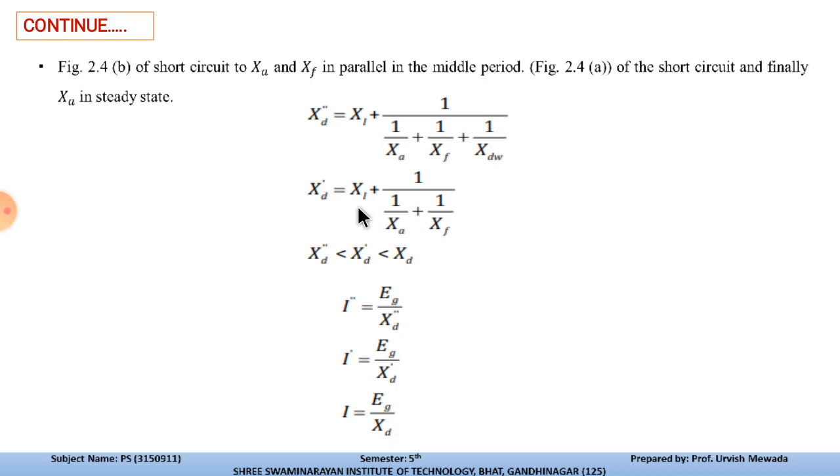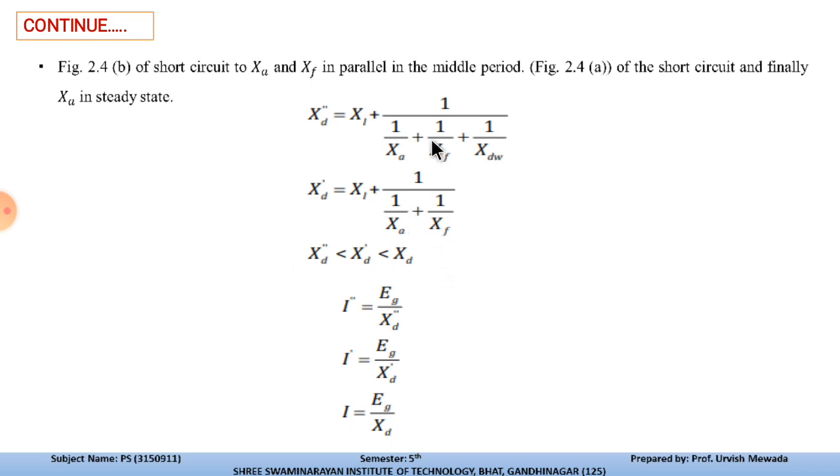Xd dash is equal to XL plus 1 upon (1 upon XA plus 1 upon XF). This is the second period, where the direct axis reactance is the combination from diagram A, because at that time the damper winding does not appear. So Xd double dash is less than Xd dash, which is less than Xd.